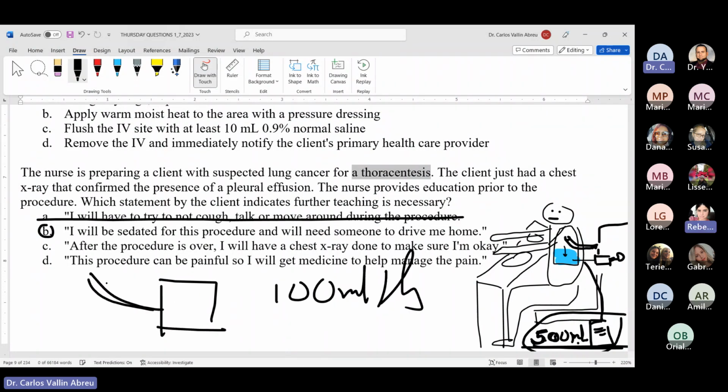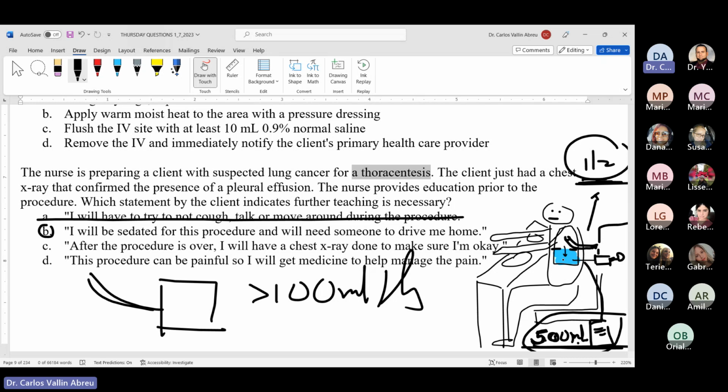But doctors can, during a thoracentesis, remove no more than 500 milliliters. Understand that the thoracentesis is going to remove liquid, but not necessarily will the patient have a chest tube after, in half an hour or more or less.